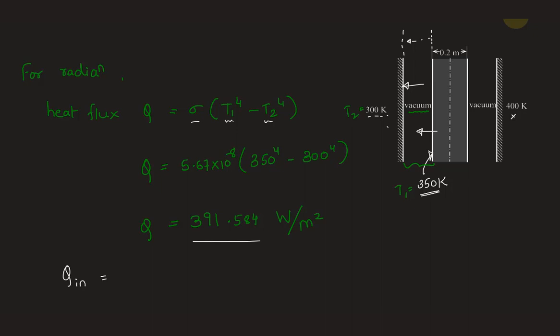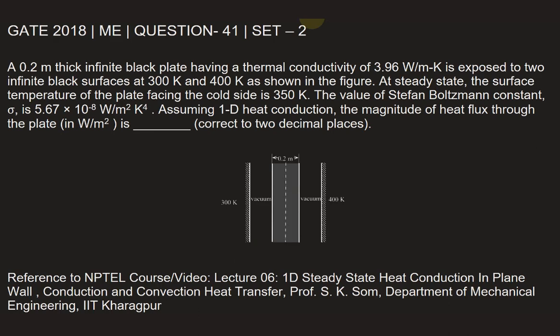And therefore, when we write Q in is equal to Q out, the quantity that we have found out, which is heat flux coming out from the plate, will be equal to the heat flux through the plate, which is being asked to us. And therefore, Q in will be 391.584 as well. Unit of course being the same. So the answer here is 391.584 is the magnitude of heat flux through the plate.